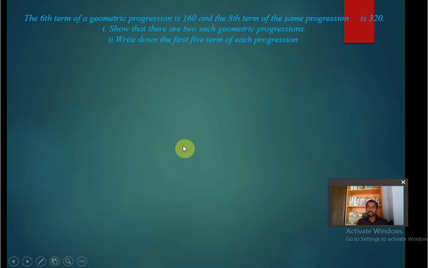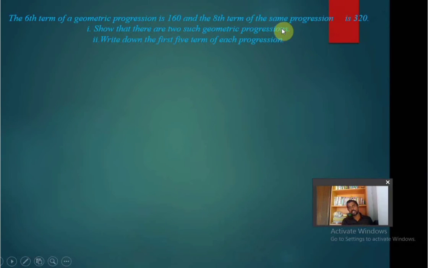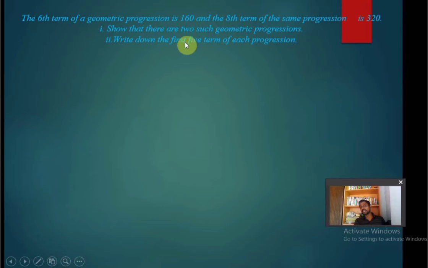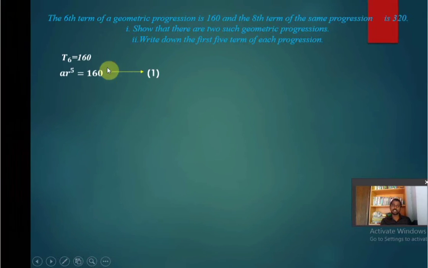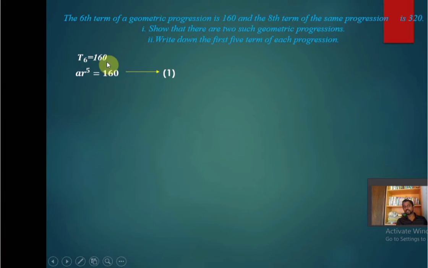We'll see here they gave that the sixth term of the geometric progression is 160, and in that same progression the seventh term is 320. So there are two such geometric progressions, and we want to write the first 5 terms of each. We'll see how to do that. First we want two equations. Sixth term is 160, so ar^5 equal to 160.